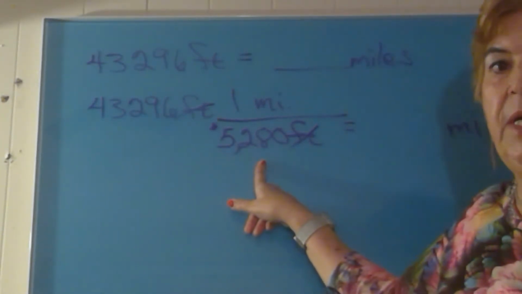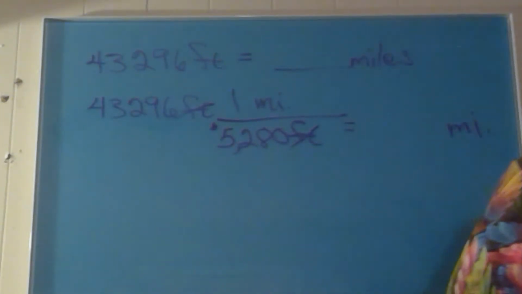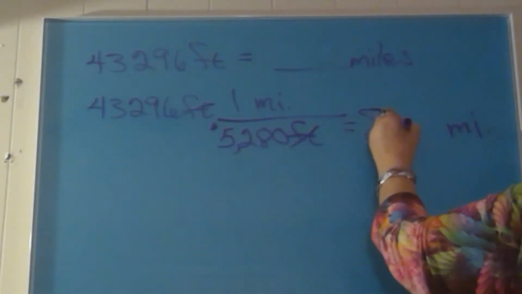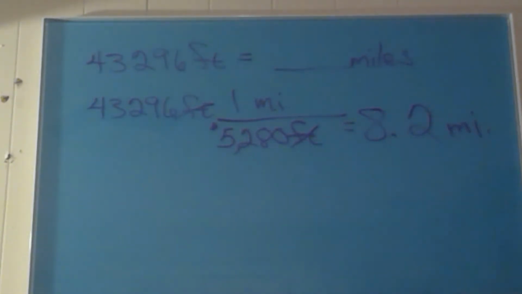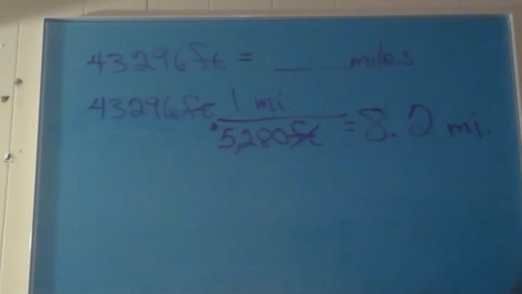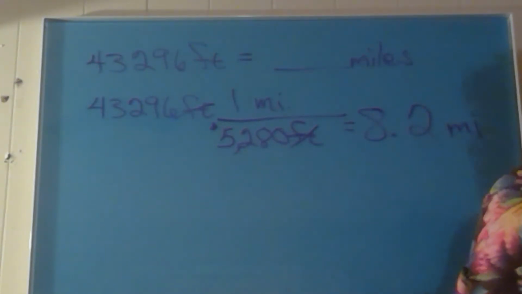That's in the denominator, so we're going to divide. And when you divide that out, you should get 8.2 miles on your calculator. And that's all you have to do for that problem.